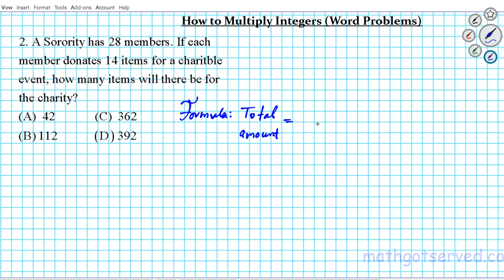All right, so total amount is equal to number per unit multiplied by the number of units. Okay, so let's go ahead and adapt this problem to this particular formula.